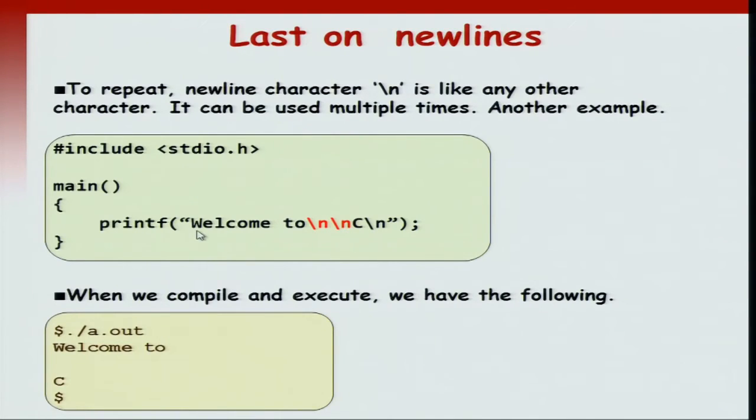What it will do is, it will print the message welcome to, then it will print a new line, and then it will print another line, and then it will print C followed by a new line. Okay. So, when you run the program, you will have welcome to, new line, then a blank line, then C, and then another line. Okay. So, new lines are just like any other characters. The difference is that because it is a special character, it is represented by 2 letters. So, it is not represented by a single letter, it is represented by \n. So, they are together one character in C called the new line.